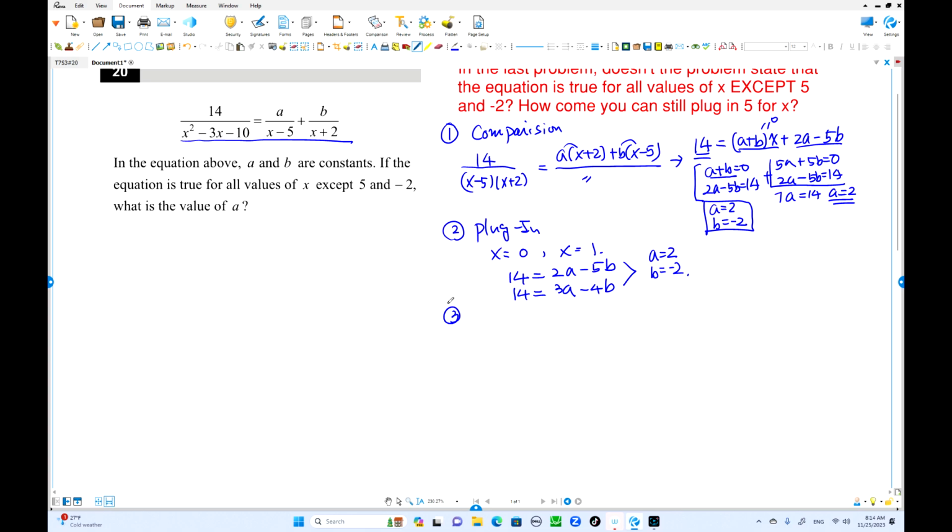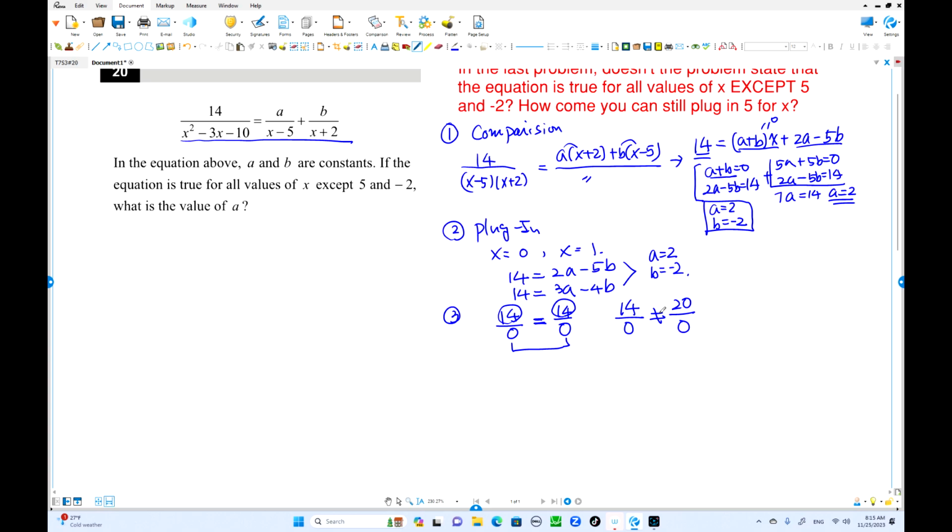This is another plug-in number method using undefined. When you have 14 over 0 equals 14 over 0, both are undefined, but still they are equivalent because the numerators are the same numbers. This is not working: 14 over 0, 20 over 0, they are not equivalent.